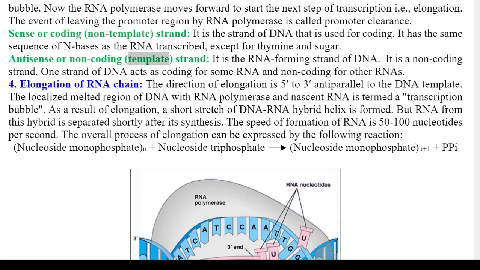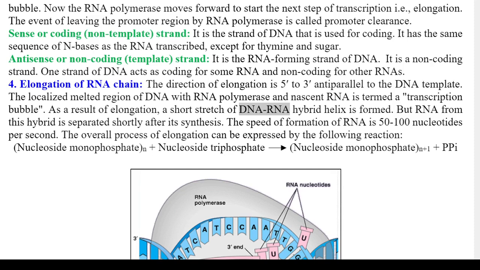For elongation of the RNA chain, the direction of elongation is 5' to 3', antiparallel to the DNA template. The localized melted region of DNA with RNA polymerase and nascent RNA is termed a transcription bubble. As a result of elongation, a short stretch of DNA-RNA hybrid helix is formed. But RNA from this hybrid is separated shortly after its synthesis.